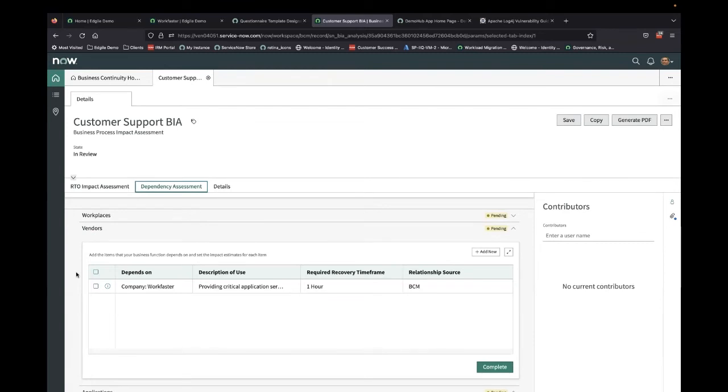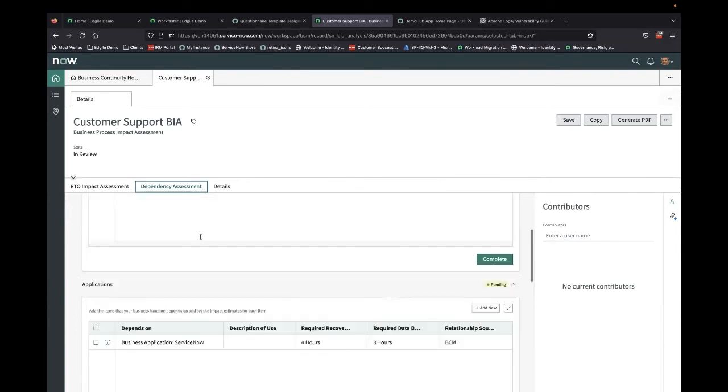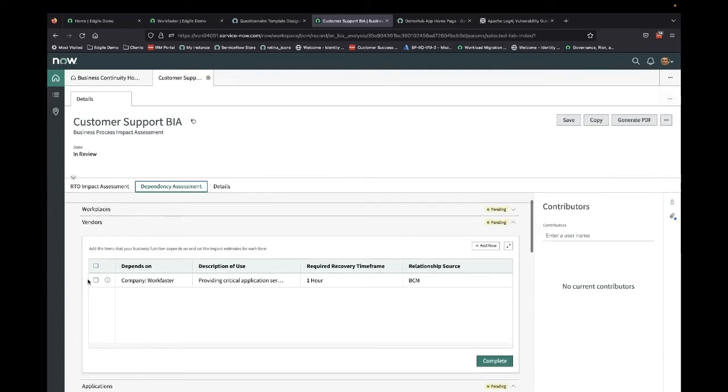So in this example, we have a customer support business process, and we're performing a dependency assessment, and we're looking at things like what workplaces, what vendors, what applications do you use? And the information we can gather is, well, we're using this WorkFaster vendor. They're providing critical application services and staff outsourcing, and we need them to be recovered within 1 hour, or we're going to have a cascading effect in this example.